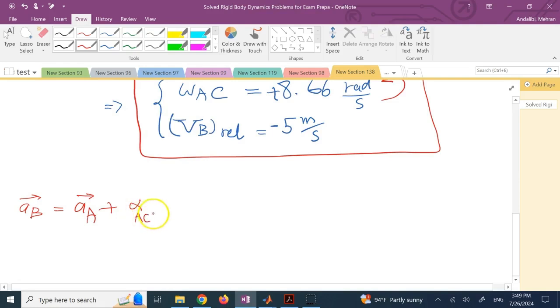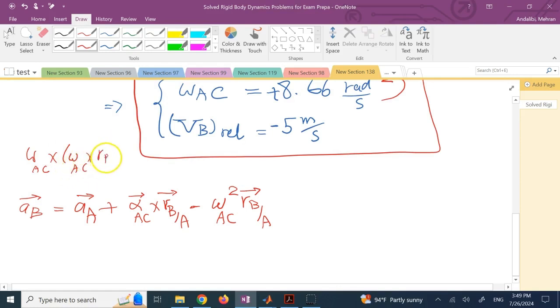So it's going to be alpha AC cross R of B with respect to A, and then plus omega cross omega cross R, which for 2D problems you can simply write as negative magnitude omega AC squared R of B with respect to A. Okay, so this term is actually omega AC cross omega AC cross R of B with respect to A. But for 2D problems, this can simply be written like that.